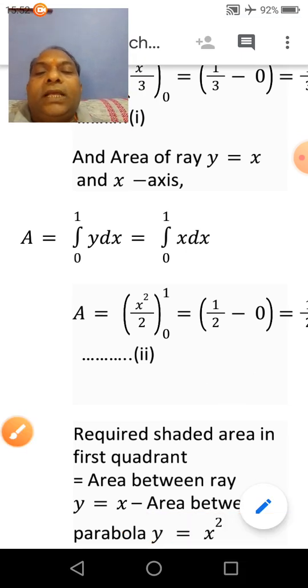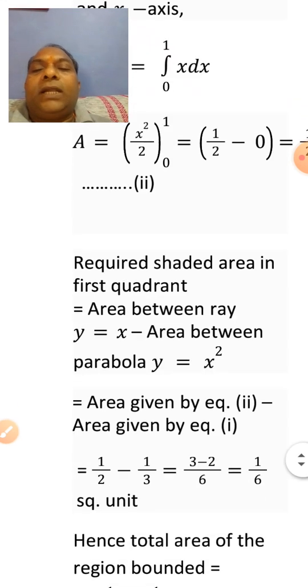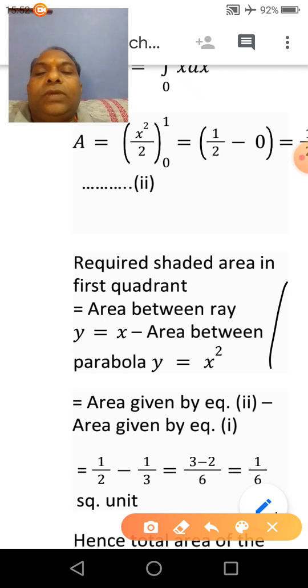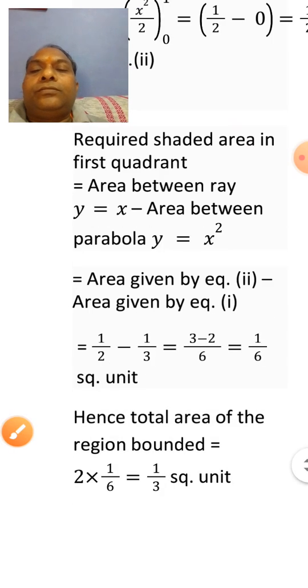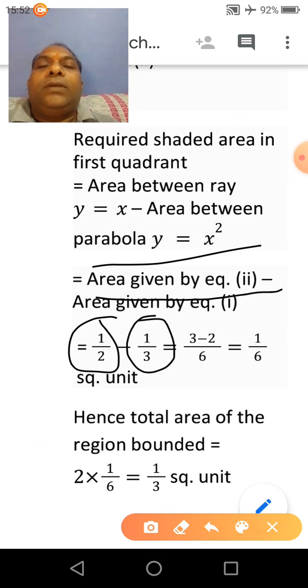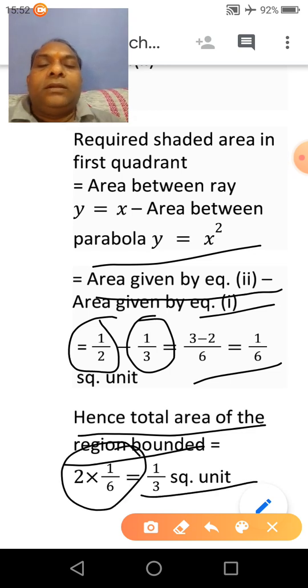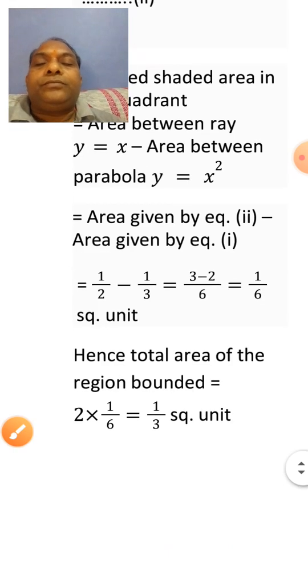So the required shaded area in the first quadrant will be equal to the area given by equation second minus the area given by equation first, which is equal to 1 by 6. Then the total area of the bounded region is equal to 2 into 1 by 6, which is 1 by 3 square unit. Clear?